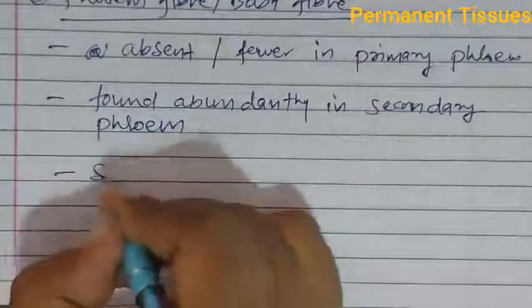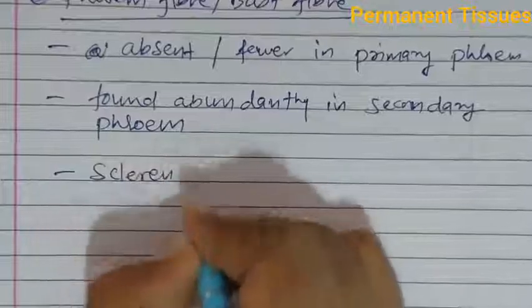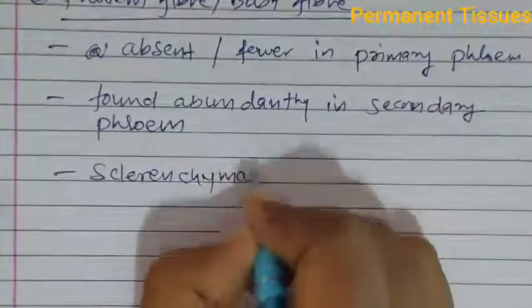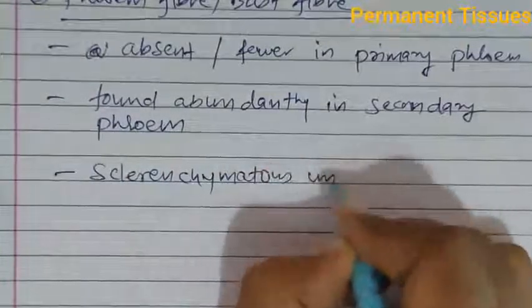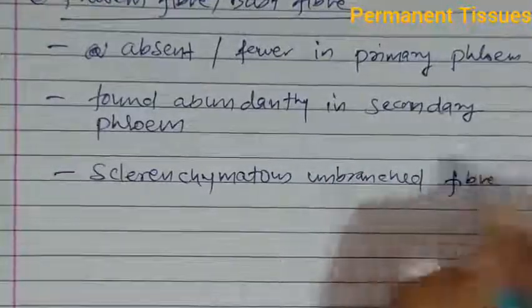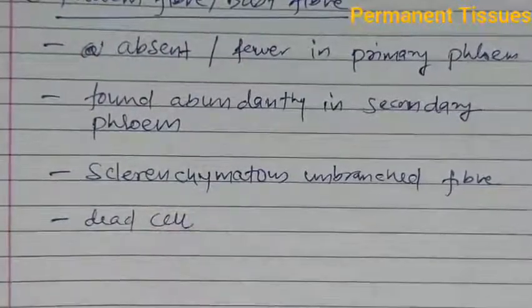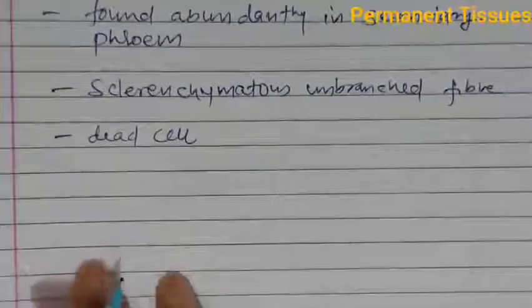They are unbranched. They are dead cells, so protoplasm or protoplast is absent.